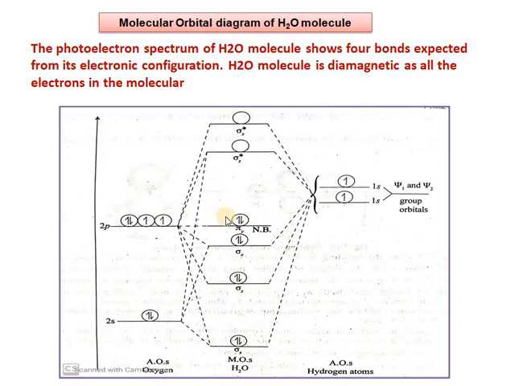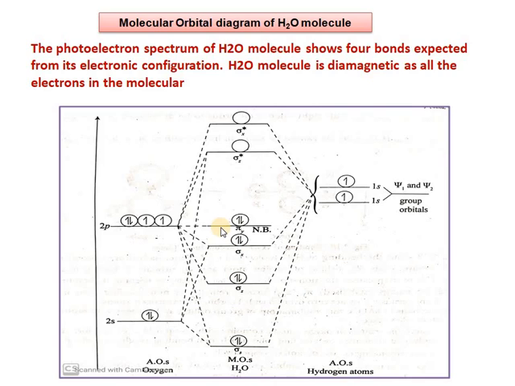No unpaired electrons remain in this molecule, and therefore the water molecule is diamagnetic. The photoelectron spectrum of the water molecule shows the 4 bands expected from its electronic configuration. But the water molecule is diamagnetic because all electrons in the molecule are paired.